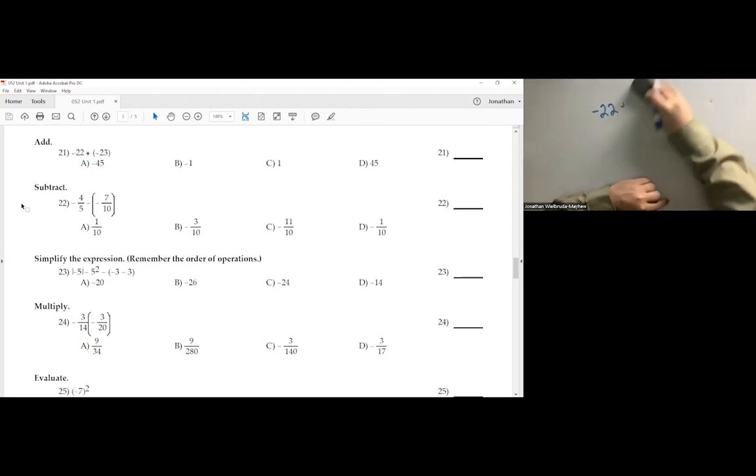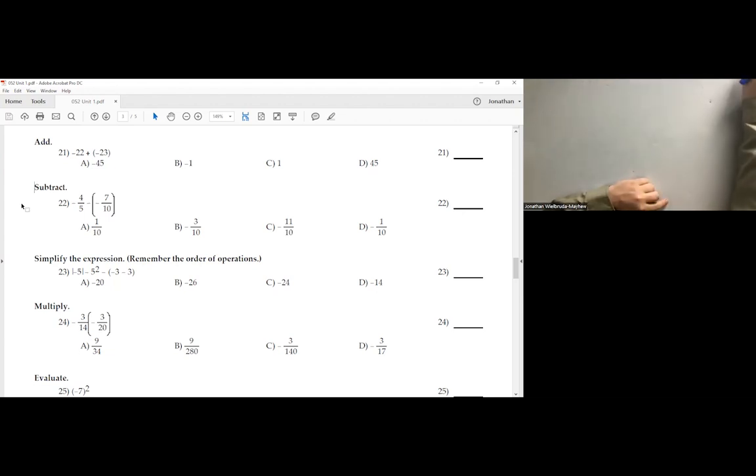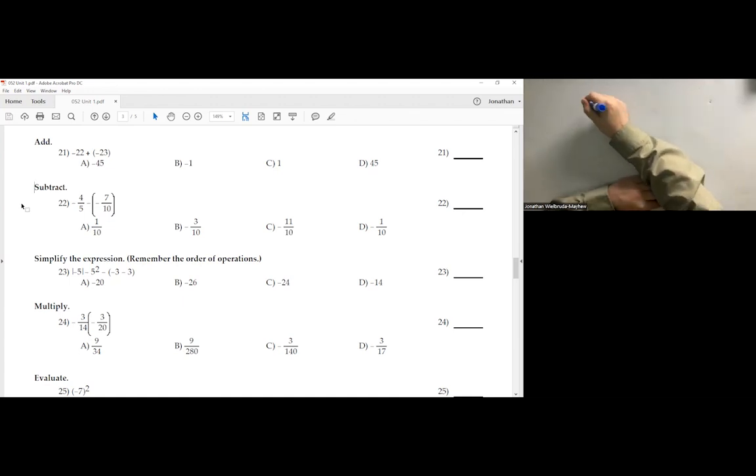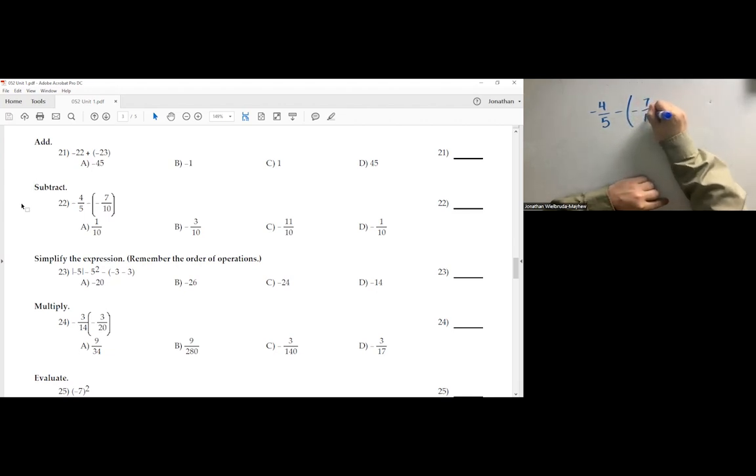Fractions are important. They don't go away just because we're not in the fraction section anymore. In number 22, we are subtracting negative 4/5 minus negative 7/10. Minus a negative gets rewritten as plus.